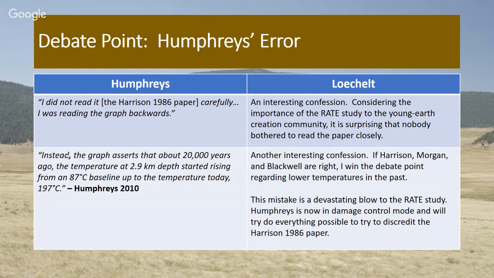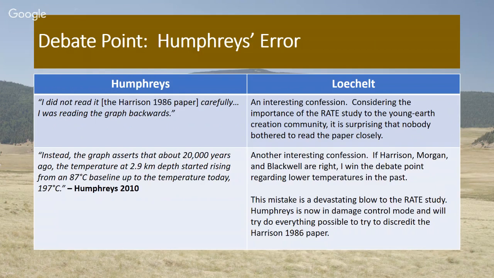And then Humphreys' next statement is, "Instead, the Harrison graph asserts that about 20,000 years ago, the temperature at 2.9 kilometer depth started rising from an 87-degree baseline up to the temperature today, 197 degrees." Okay, so that's an interesting confession as well.